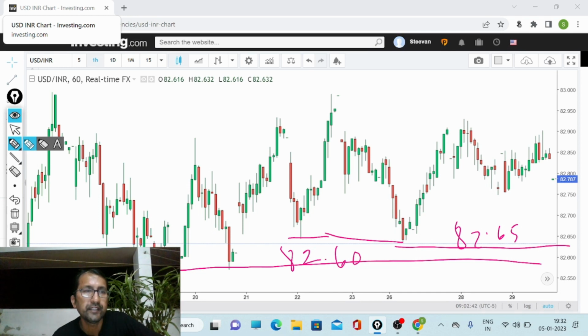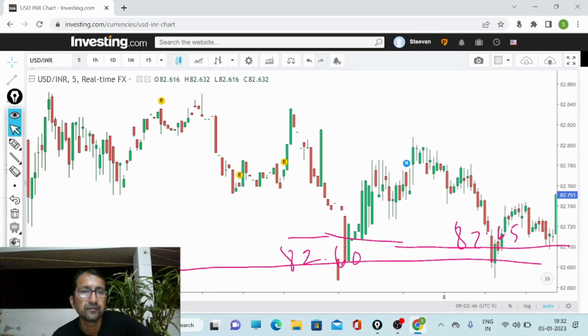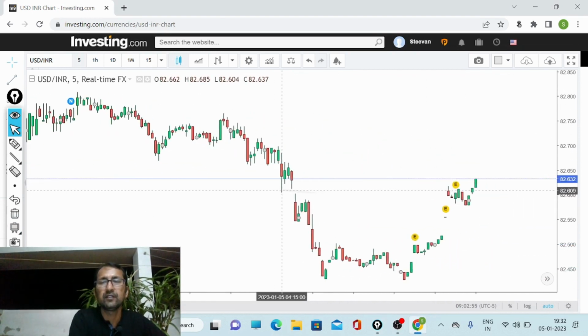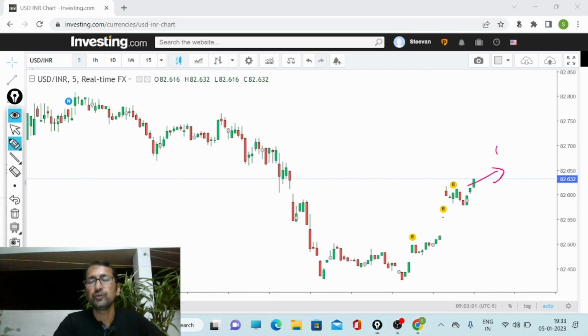so I go to again the 5 minute chart. Let me clear this. Okay, so we are in again the 5 minute chart. I'll go forward. Now you see again it has come back to 82.63.